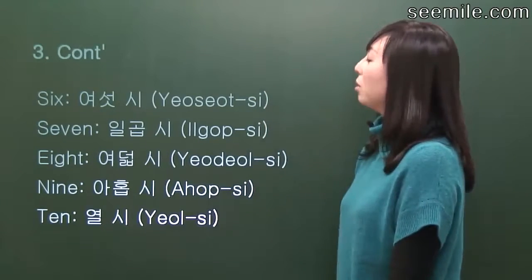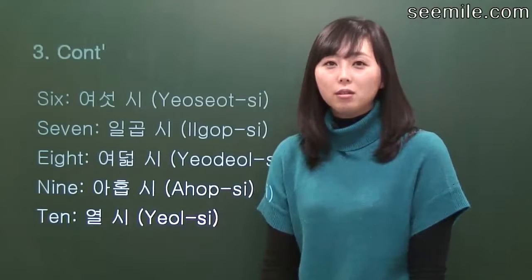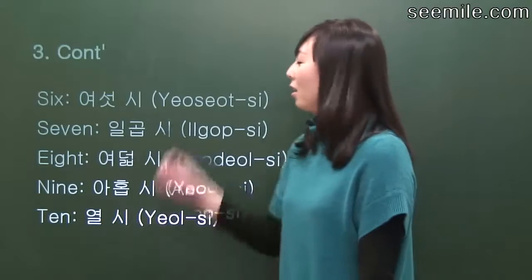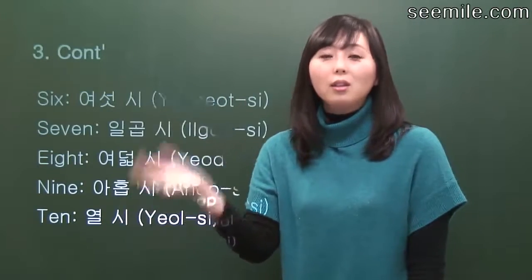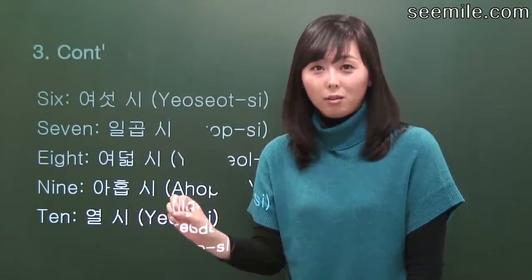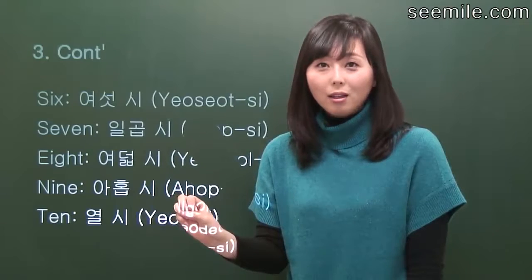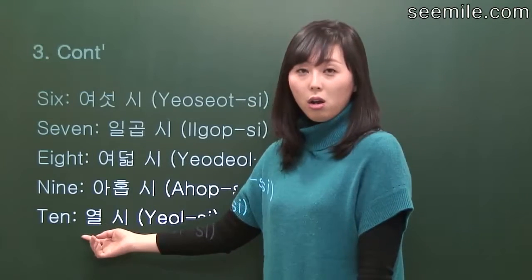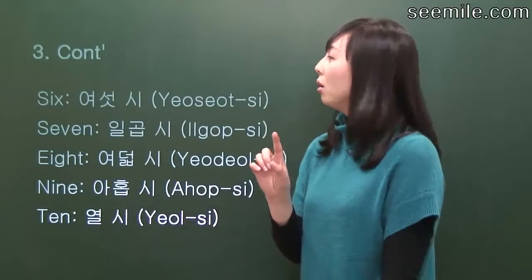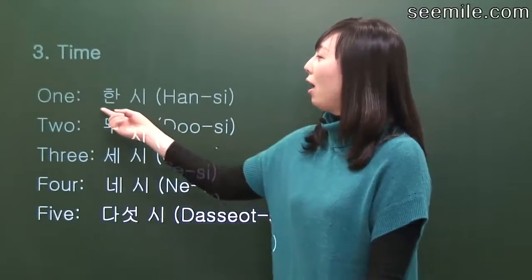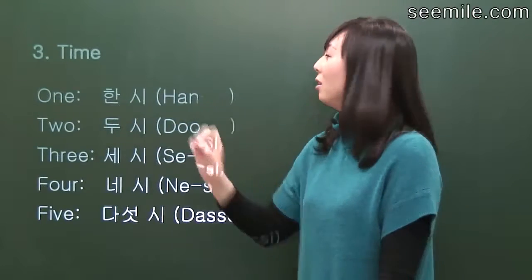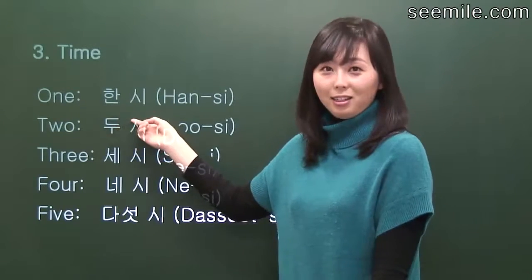Oh, where's 11 and 12? What's 11? 10 plus 1, right? And what's 10? 열. What's 1? Go back to here, 한. So 11 o'clock is 11시.